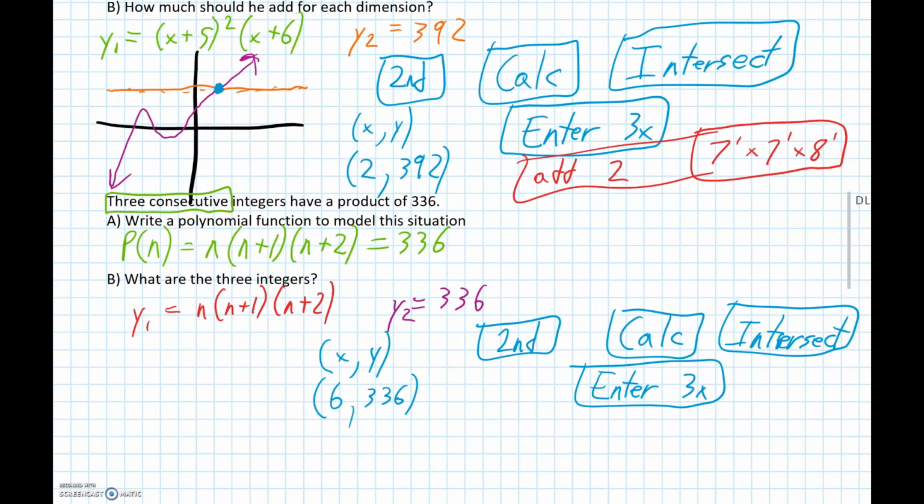So with the 6, we have to recognize that that's just this value of n, which is our first value, right? So if we're thinking about 3 consecutive integers, now we can go n plus 1, which is 7, and n plus 2, which is 8. So if we're asking what are the 3 integers, we need to write this down, not just our intersect point.